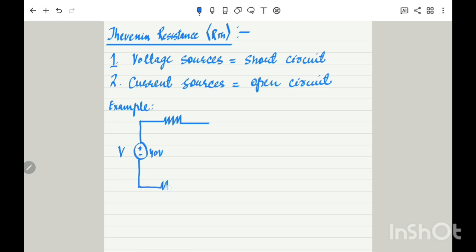Here is another resistance which is 10, and this is also 10 ohm. Okay, and here is another resistance, and here is another resistance. This is 10 ohm and this is 5 ohm. Okay, and we have to find RTH here.